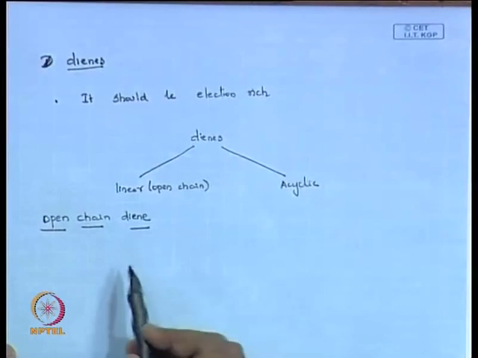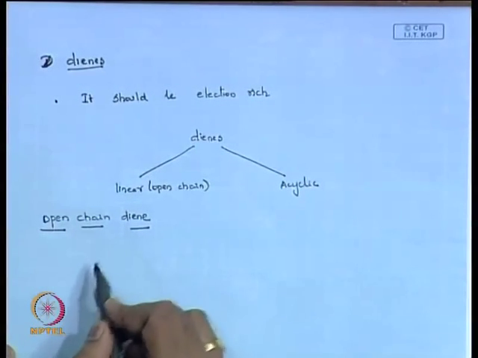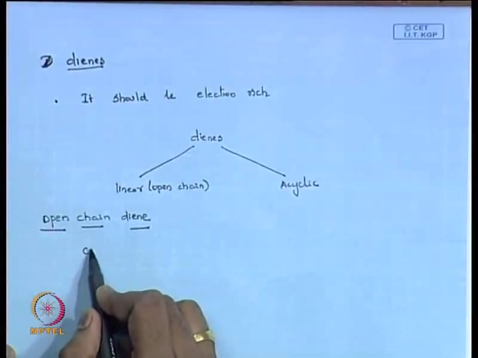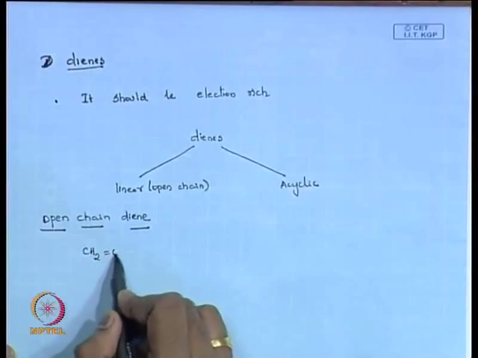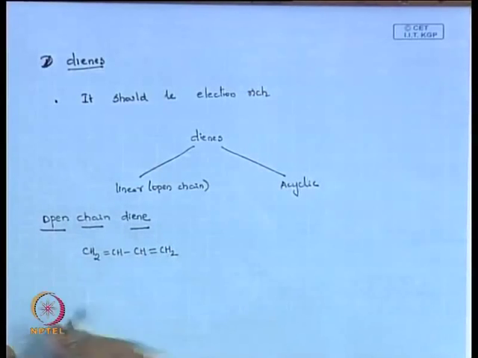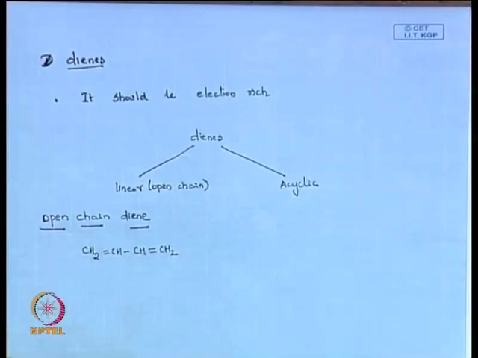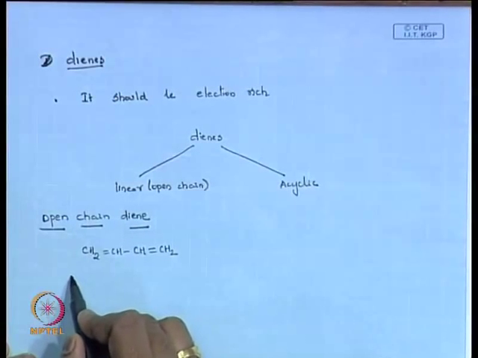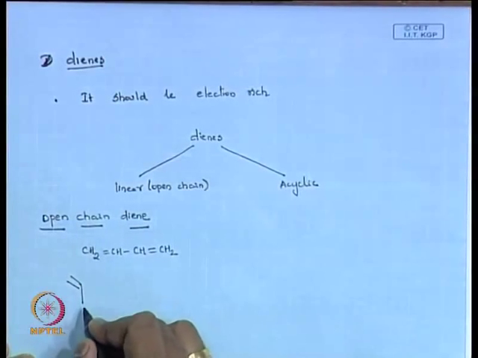In an open chain diene, if I take butadiene for example, this is the simplest way of writing it. How does it exist? Normally, you can write it two ways.